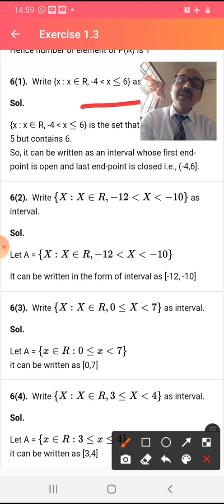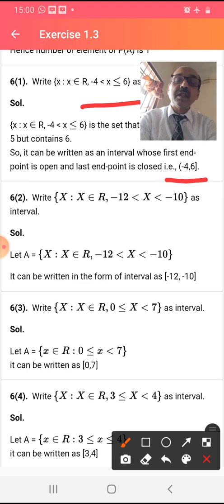So equal sign means closed interval. Minus 4 less than, no equal sign, so it is open. So in between minus 4 to 6, minus 4 is open and 6 is closed. Because the equal sign is there in less than or equal to, it is closed. That means including 6 and excluding minus 4.